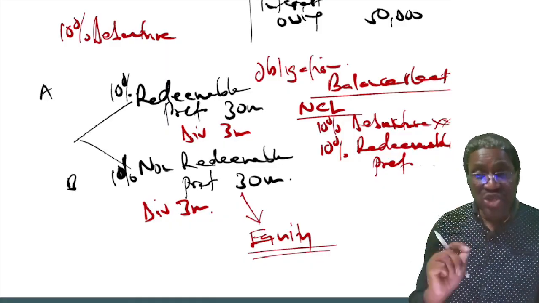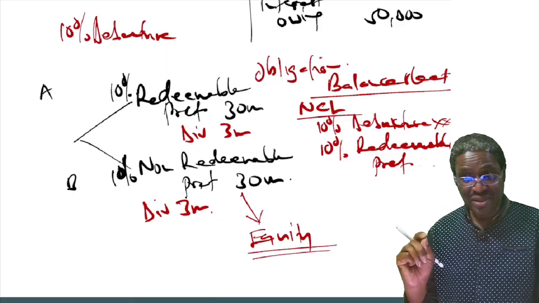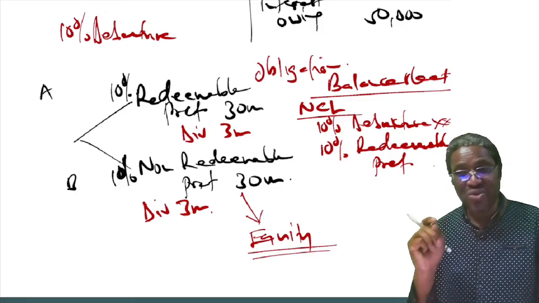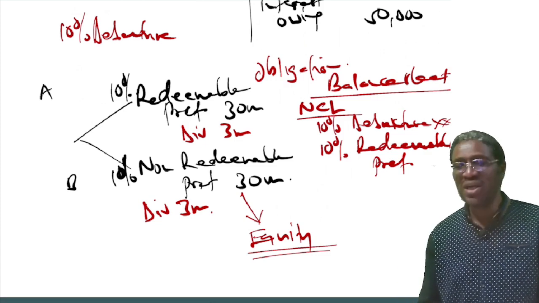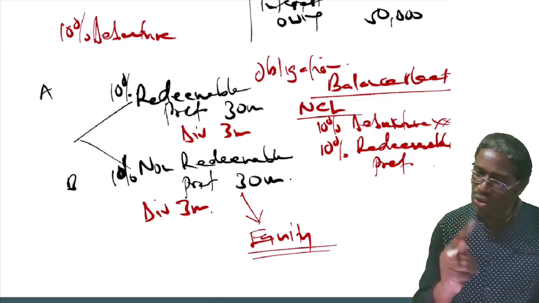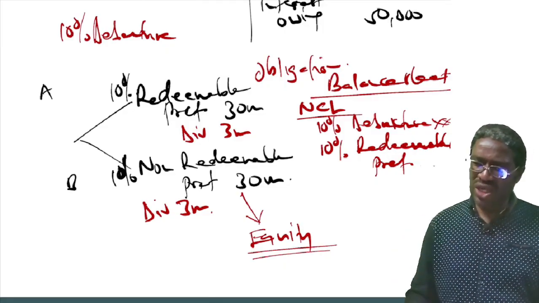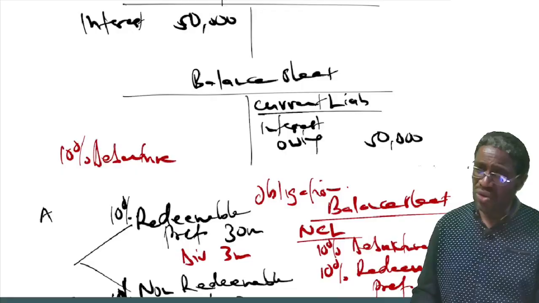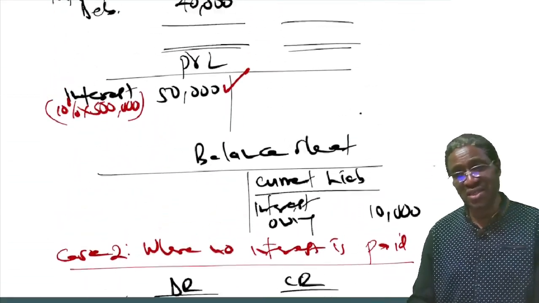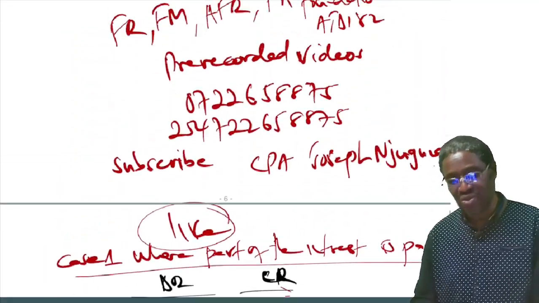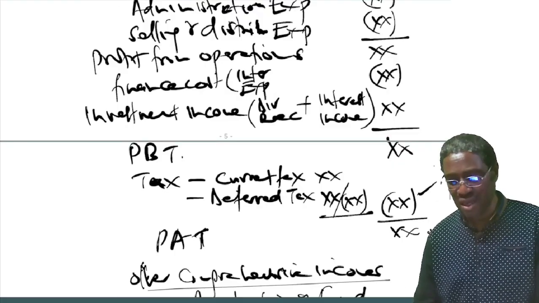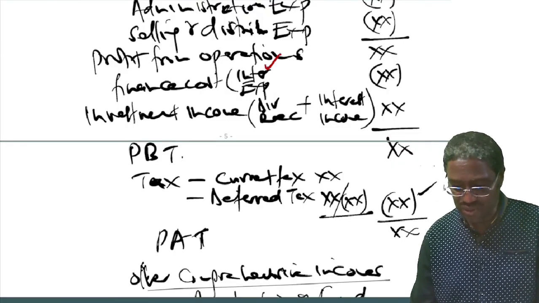They have an obligation to pay back the 30 million. And they took their 30 million to the balance sheet as a long-term liability, together with the debentures. And you know, interest on debenture is an example of a finance cost. That's what I gave you here. Interest on debenture, we say it is an example of a finance cost here.